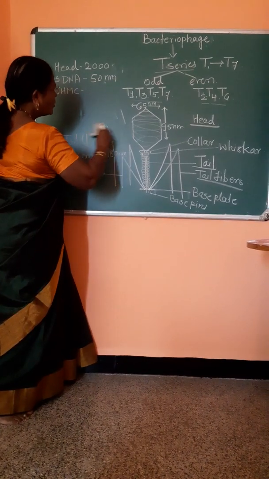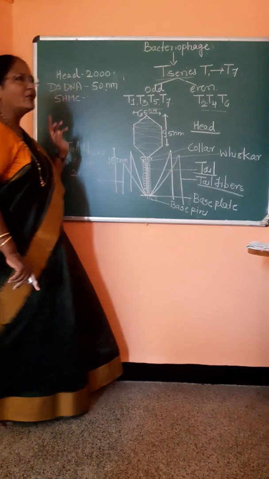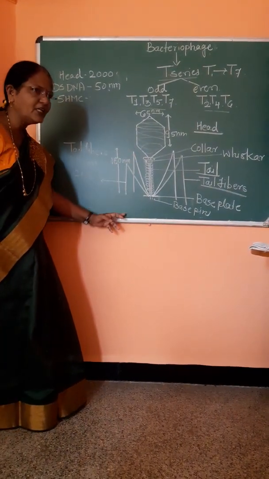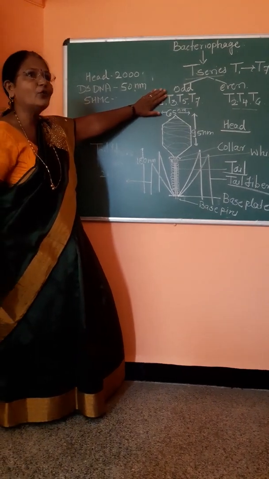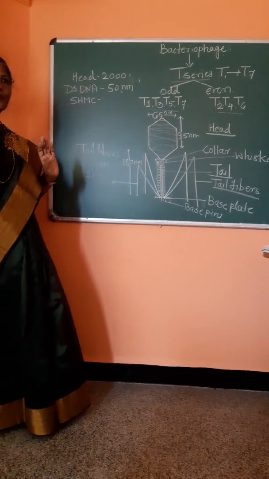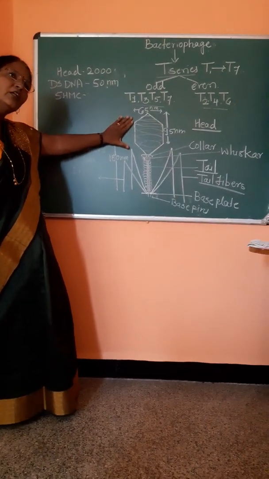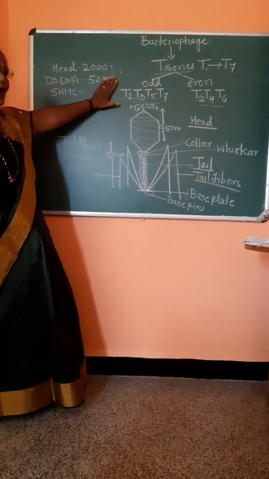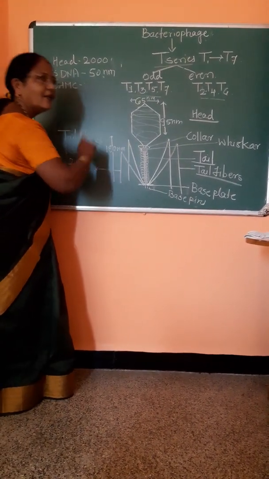Now what is the difference between T even and T odd phage? This is the example of a T even bacteriophage. Now the T odd bacteriophage also possesses a hexagonal head. Okay, this is the similarity. T odd phages possess the hexagonal head. But T odd phages never possess the sheathed tail.